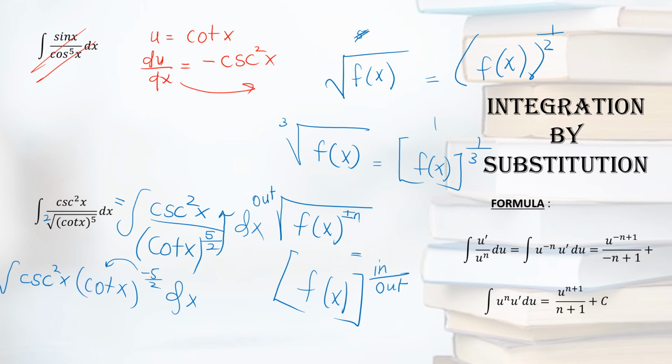Bring the dx on the other side, you will get du equals negative cosec square x dx. Since you have no negative sign in the question, it is a good practice to bring the negative on the other side. So you will get negative du equals cosec square x dx.